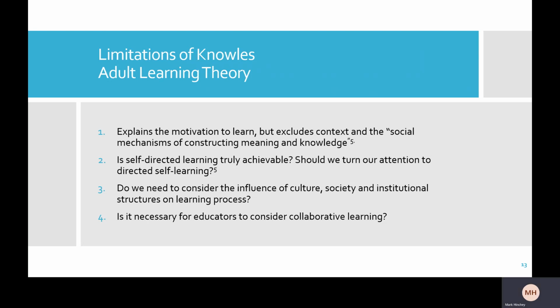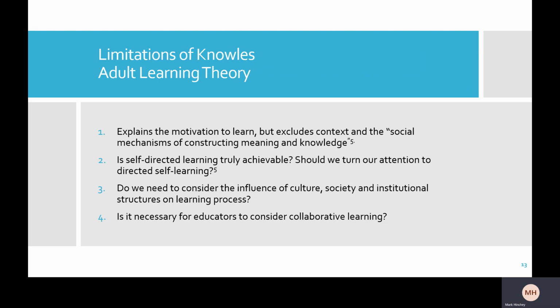So point 1, even though Knowles explains the motivation to learn, what's excluded is context. And authors refer to this context as social mechanisms that construct meaning and knowledge for adult learners.